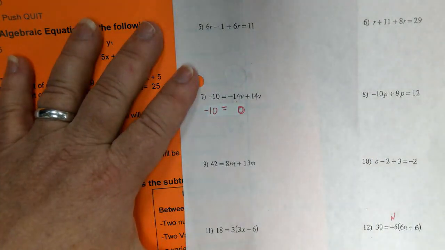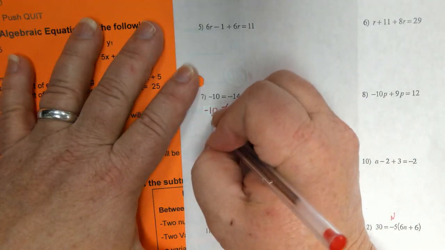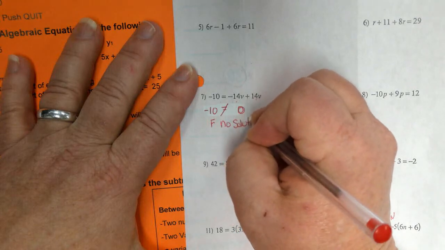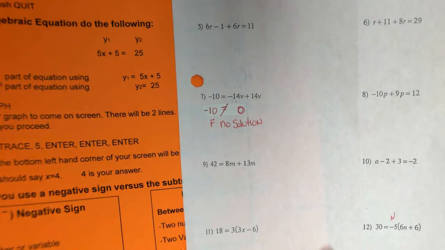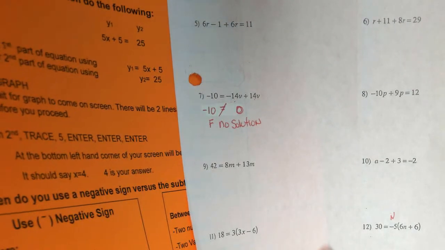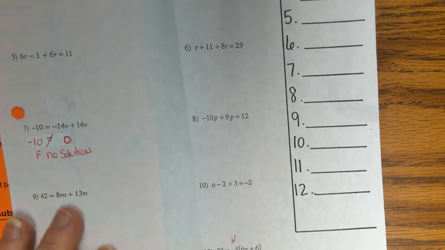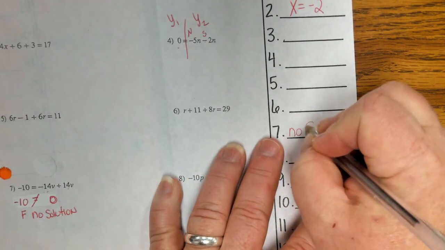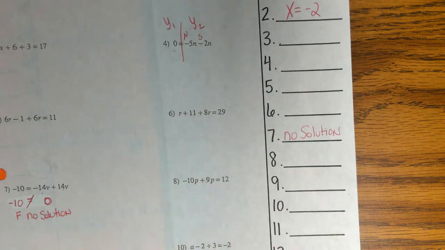Is that a true statement? No, it is not. It is a false statement. So we call that no solution. But we only have this one that's like that on here. Somehow it slipped in. You will never see that in 8th grade math. You will always have a solution. So for 7, just write no solution, and then you'll get credit for that one, no problem.